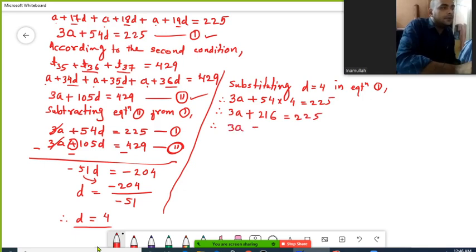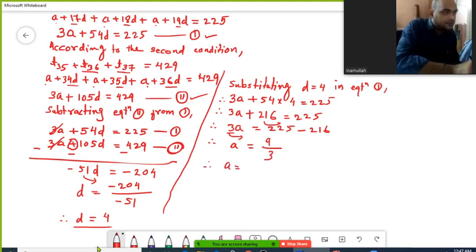This positive 216 can be taken to the right hand side, and becomes negative 216. When you subtract 216 from 225, you get 9, and on this side we have 3. So this 3 goes in the denominator. So A is 9 by 3, so A is 3. This is the value of A.